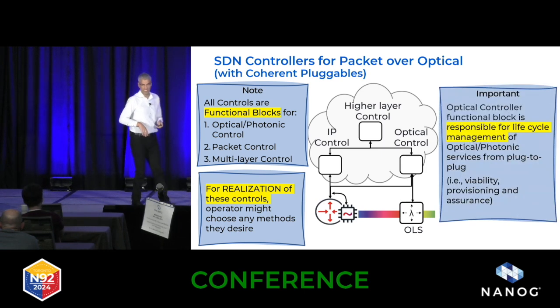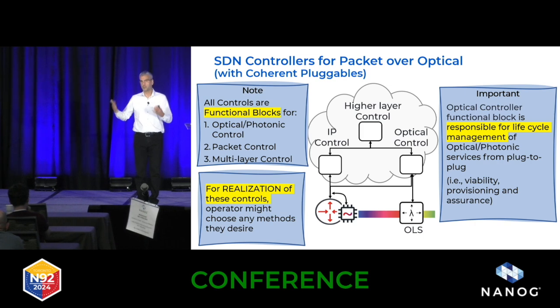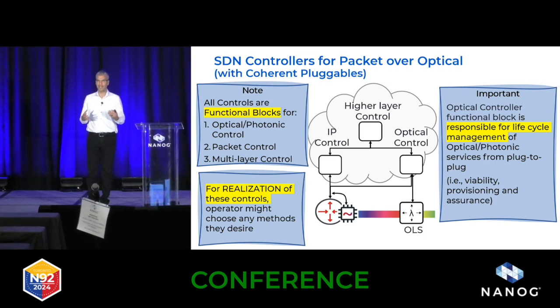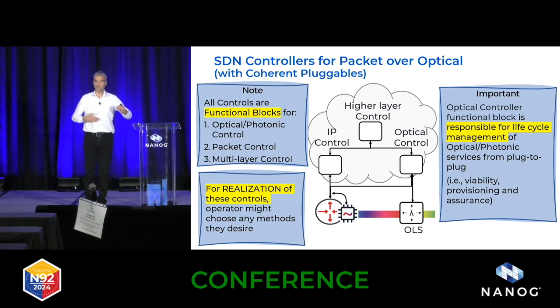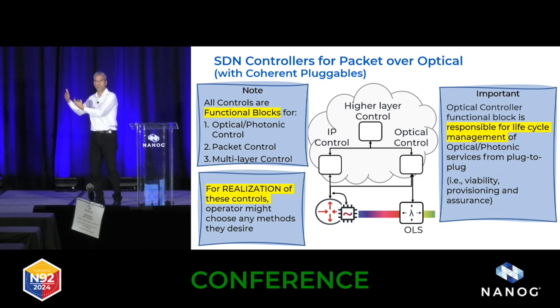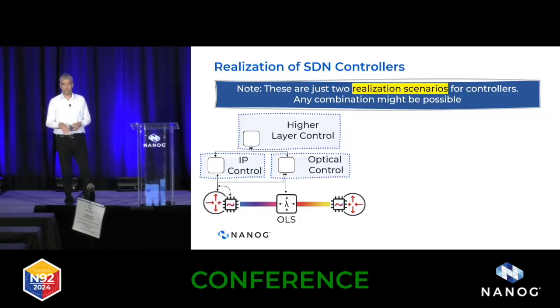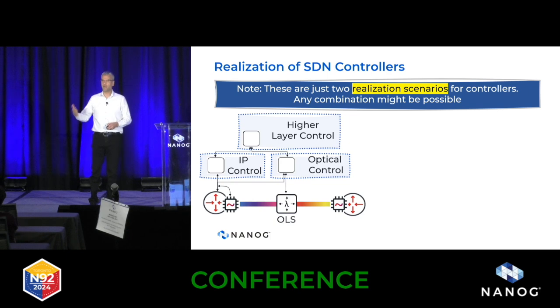For the sake of our discussion, from the photonic and optical side, we have to consider everything from plug to plug or from transparent to transparent, depending on the situation you have, from planning to validation to automation to collection of telemetry and all the way to optimization. There are potentially many different ways that you can realize the previous picture.